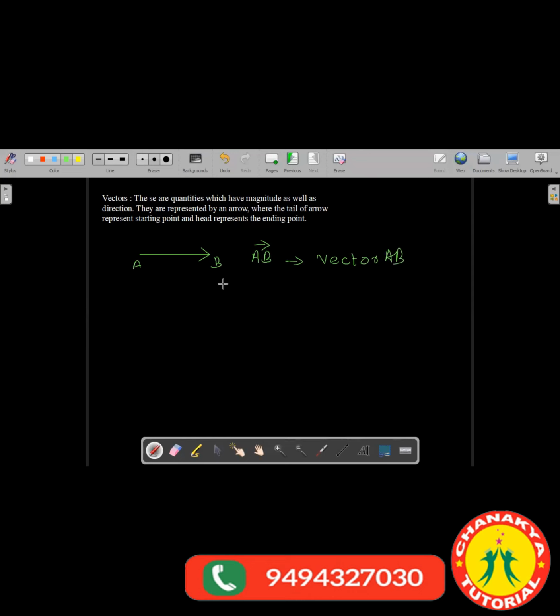Or the vector can also be represented by a single letter. So suppose I name this vector, let's say P, and I will represent this vector as vector P in this way.